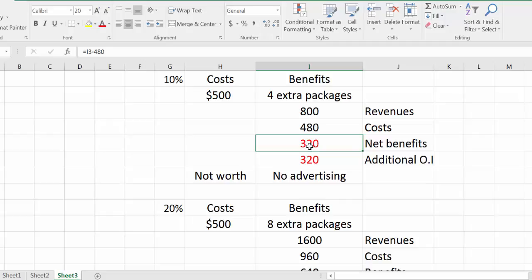Therefore you can also use the contribution margin to find the net benefits, the additional operating income. As a matter of fact, whenever you have an increase in sales, then the additional operating income in total is nothing but the additional contribution margin in total. Keep that in mind.